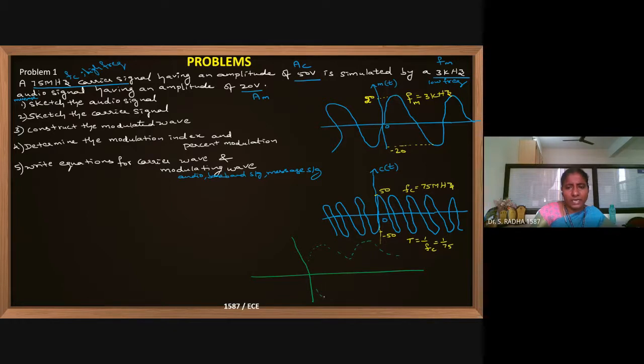This is Vmax and this is Vmin, and it continues on both sides. This is the outer dotted line. Inside it, the high frequency sine carrier should be present.